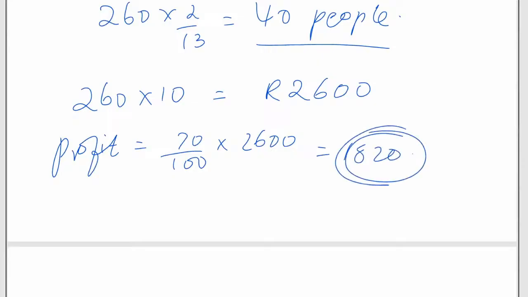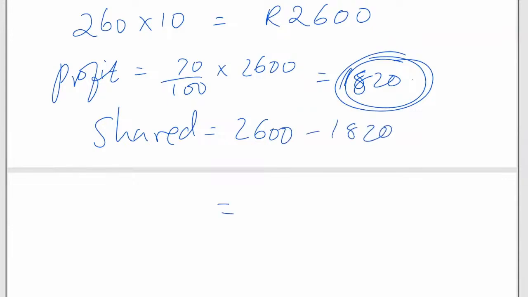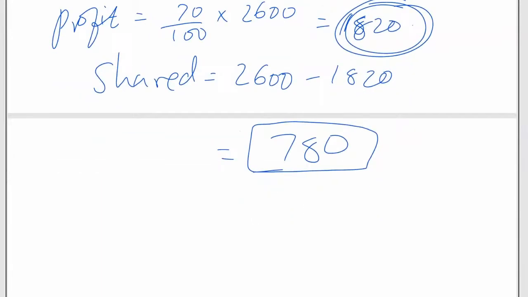This is now for the owner, for the big boss. Now we need to get whatever needs to be shared. So we get the 2,600 and subtract the 1,820, which means that only 780 rands must be shared amongst the winners.